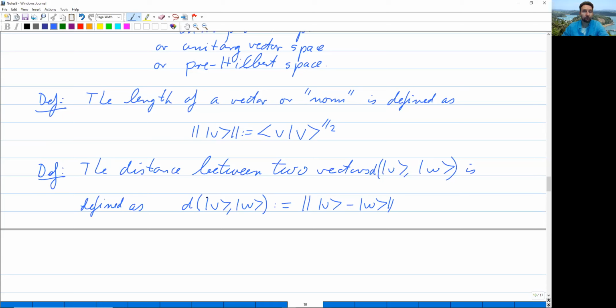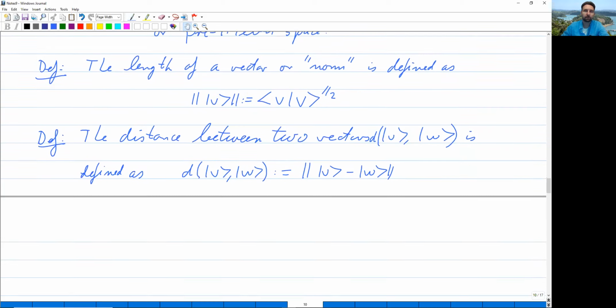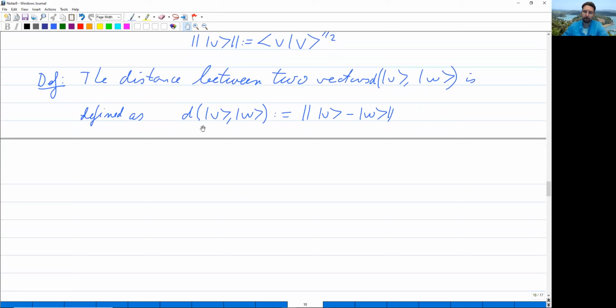Now that we have a notion of distance, we are ready to define the notion of convergence.